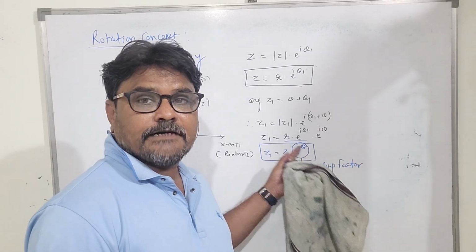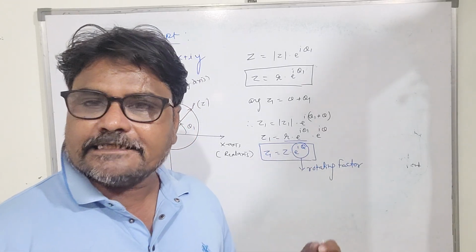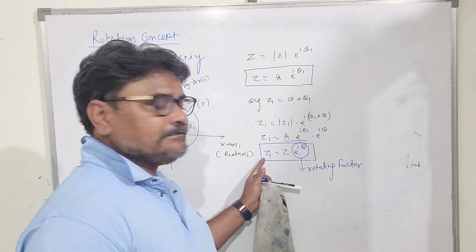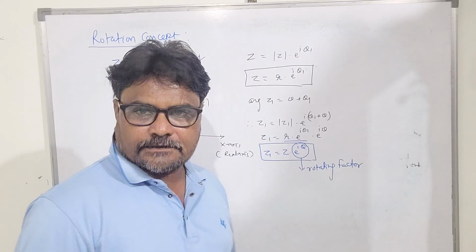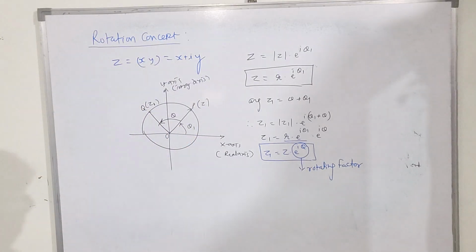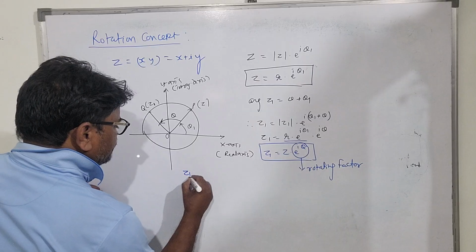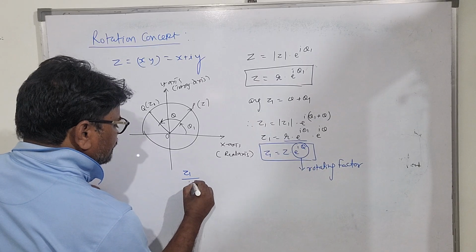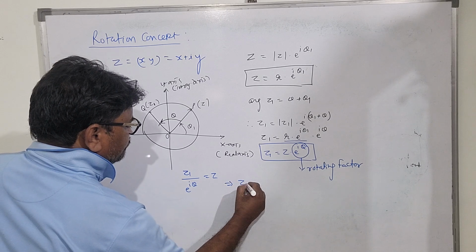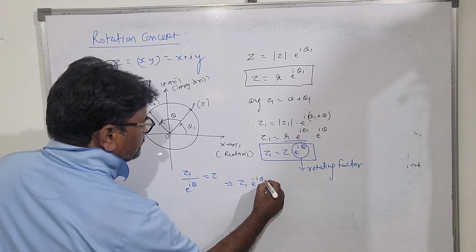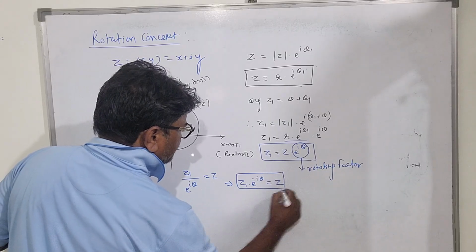When it is multiplied by the complex number Z, Z is rotated through theta degree anti-clockwise, and its new position is Z1, which is given by Z into e^(iθ). Okay, fine. Now from here I can also write Z1 by e^(iθ) equal to Z. So we can write Z1 into e^(-iθ) equal to Z, correct?